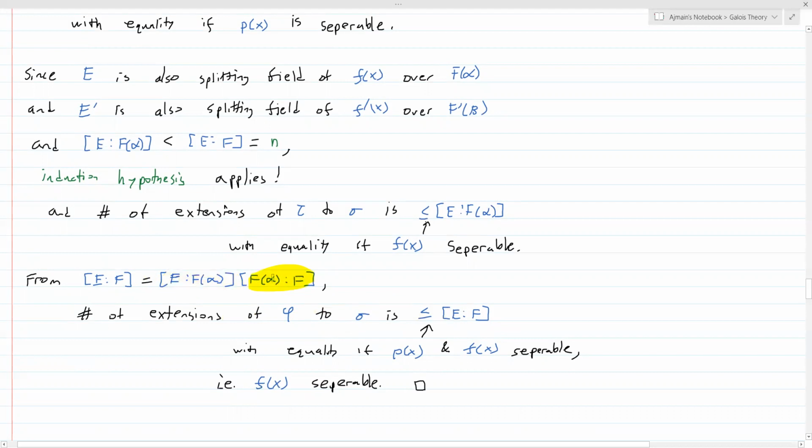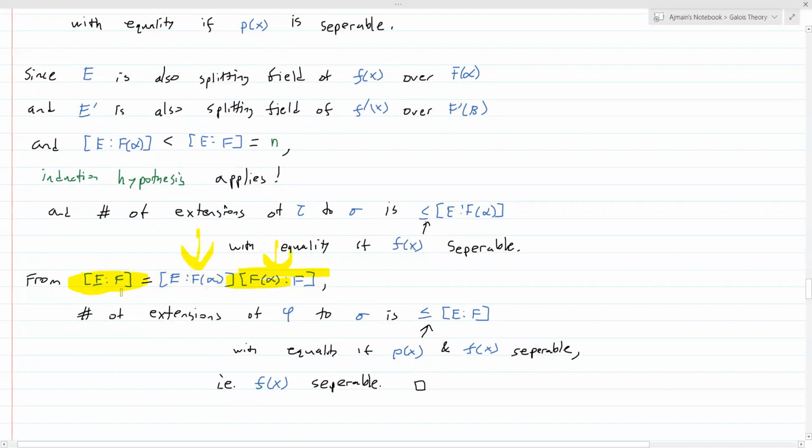F adjoint alpha over F is the number of choices from phi to tau. And then E over F adjoint alpha is the number of extensions from tau to sigma. So the number of extensions from phi to sigma is F adjoint alpha over F times E over F adjoint alpha, because the number of total choices is the number of choices here times the number of choices here.